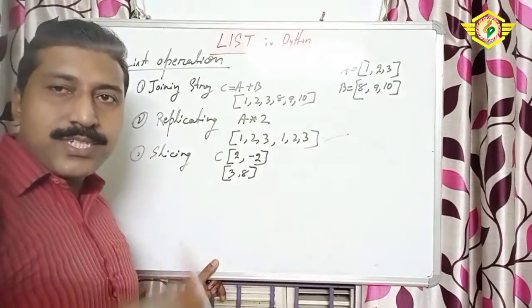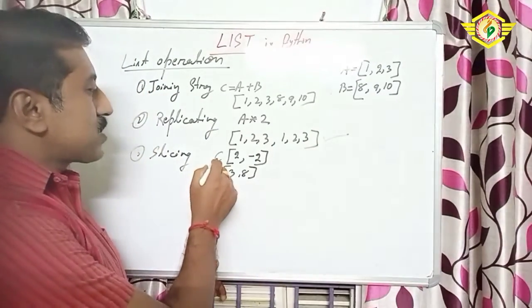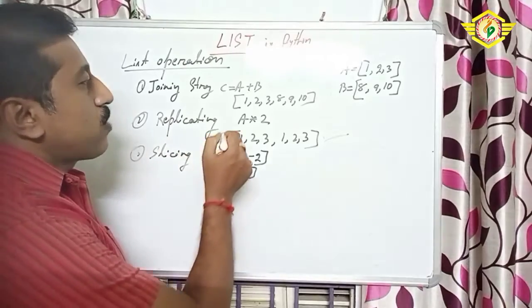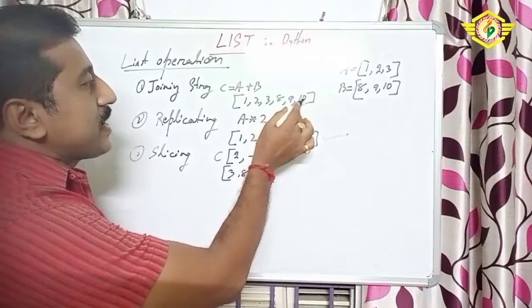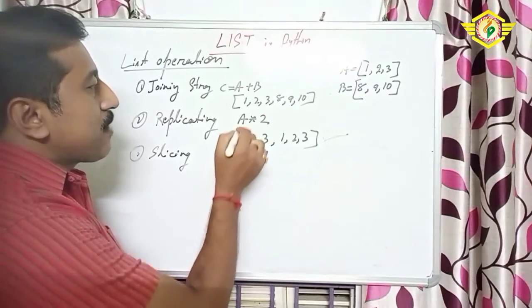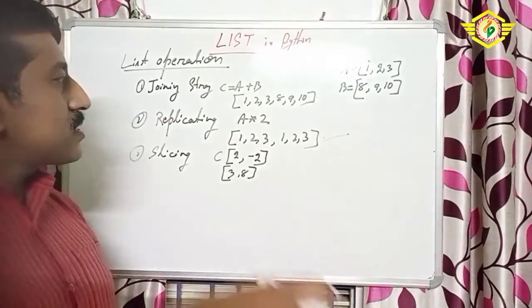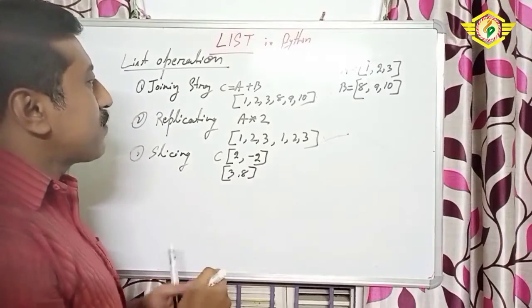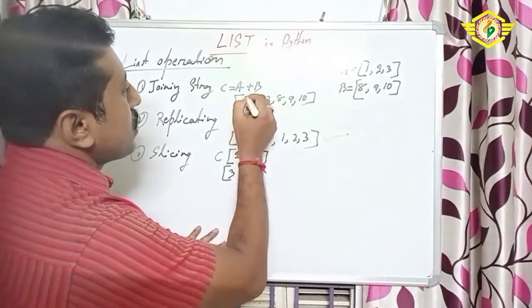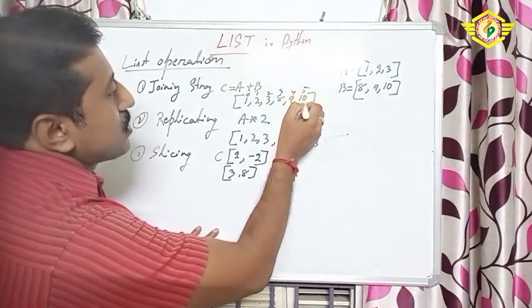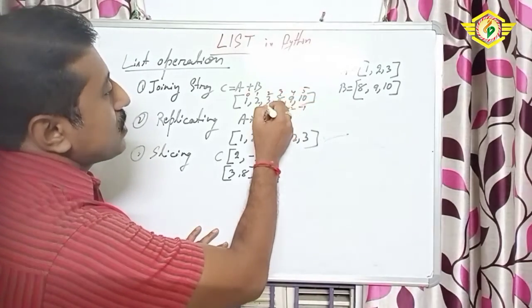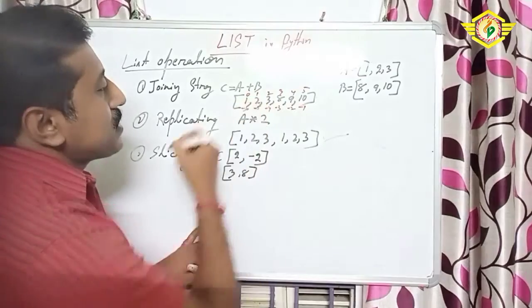Next is slicing. Just like strings, we can write C[2:-2]. What was the C value? C was the list 1, 2, 3, 8, 9, 10. The 2 means, in index format, the indices are 0, 1, 2, 3, 4, 5, and from the back -1, -2, -3, -4, -5, -6.